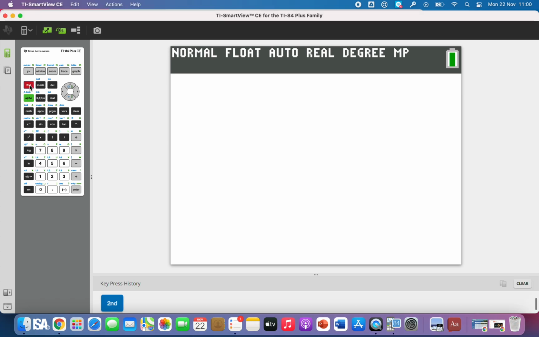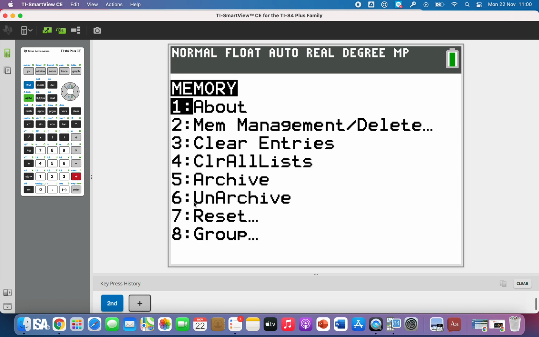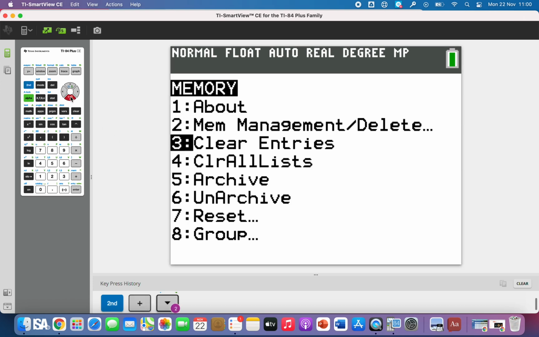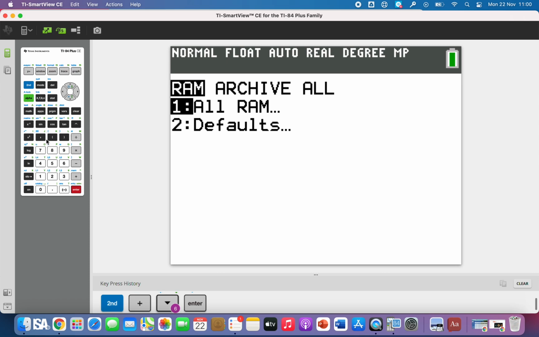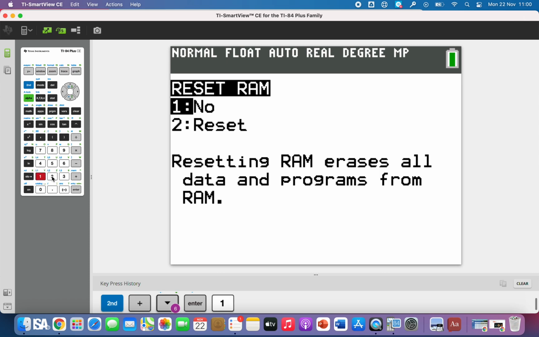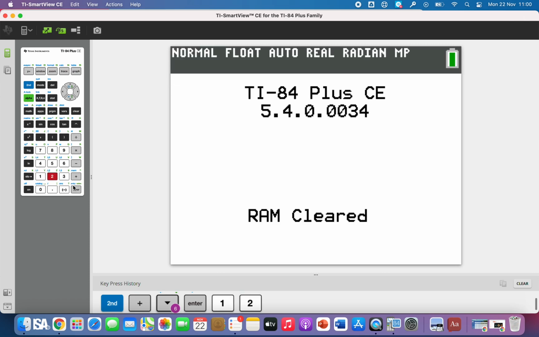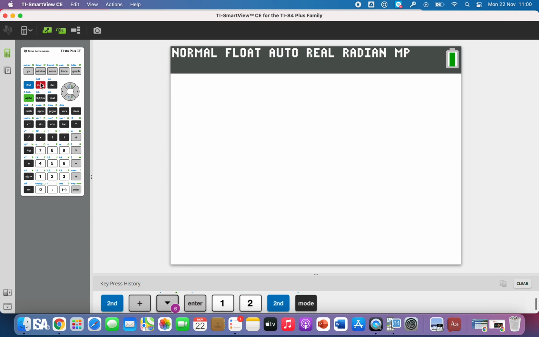So by simply going to second, then plus, then you have this information. You go either all the way down to 7 or just simply click 7 and then enter, then 1, then 2. Okay, memory is clear. Good. Then quit. All right.